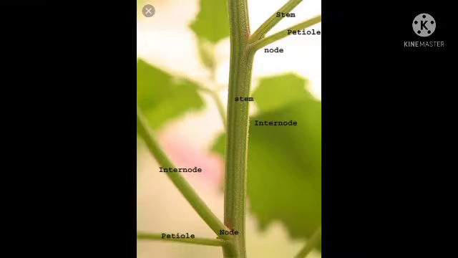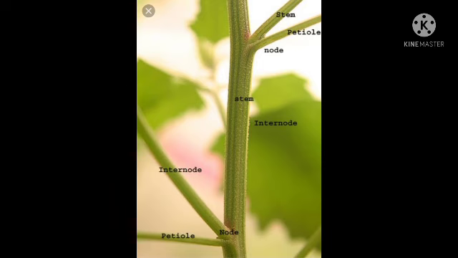All of you look at the picture. This is stem. Parts of the plant. The stem grows above the soil and it grows towards the sunlight. It has nodes and internodes.